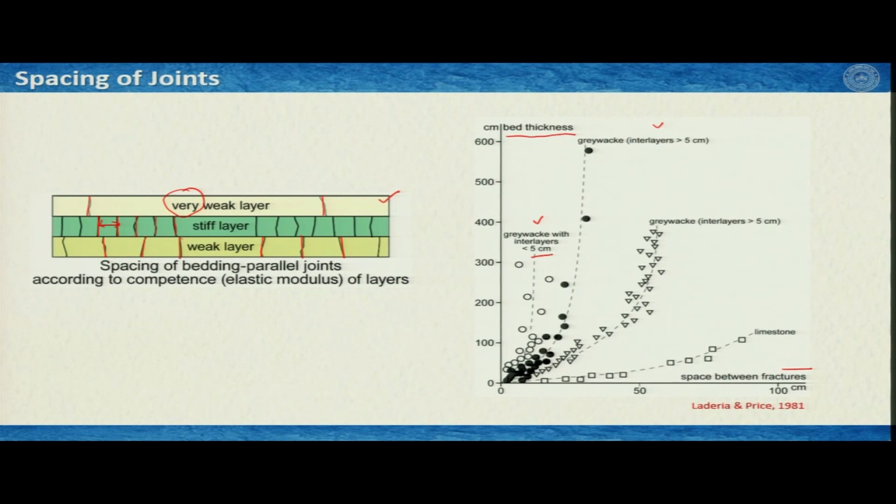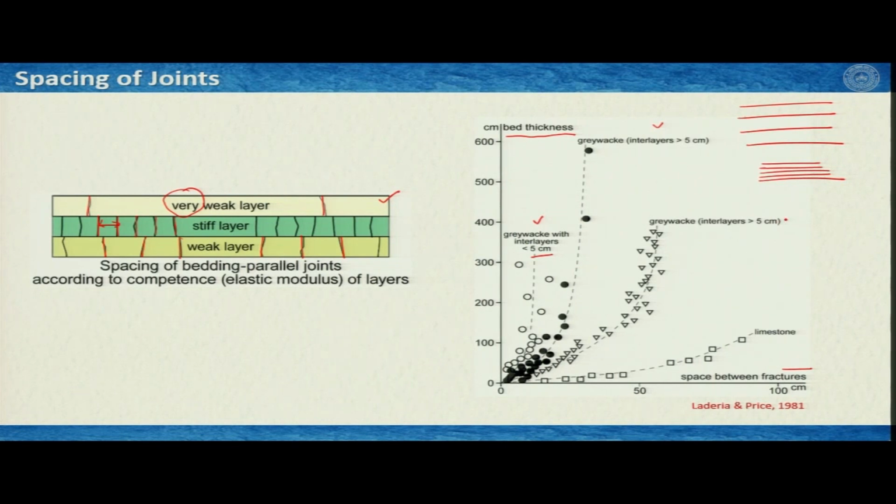You can clearly see the space between the fractures with the same composition, but if the layers are thinner, then spaces between the fractures are also less. If the layers are thicker, then the spaces also increase.